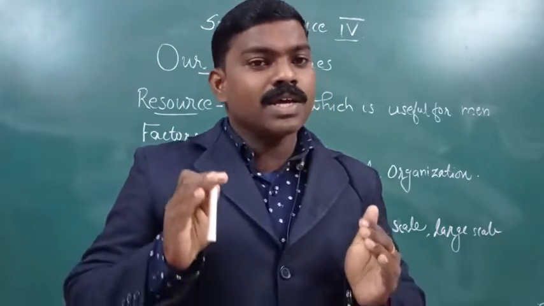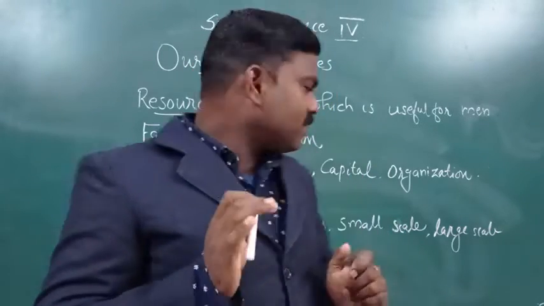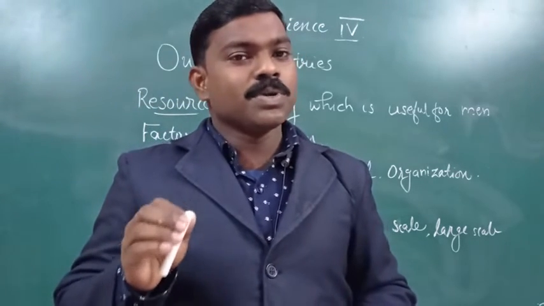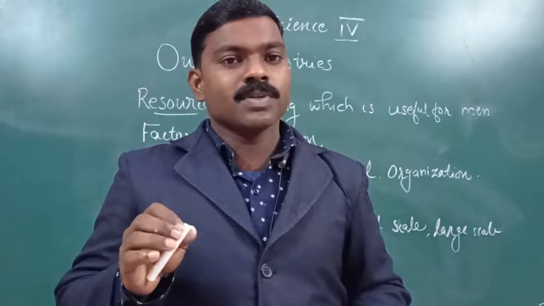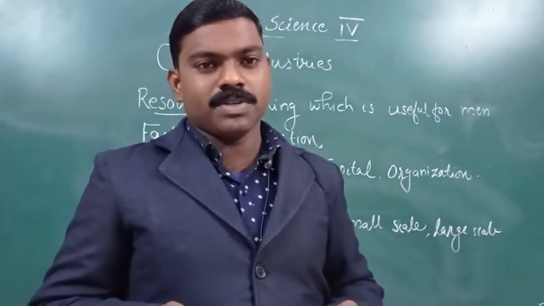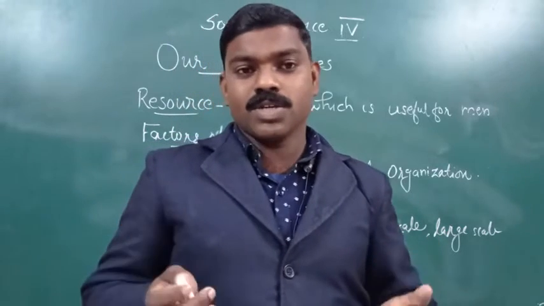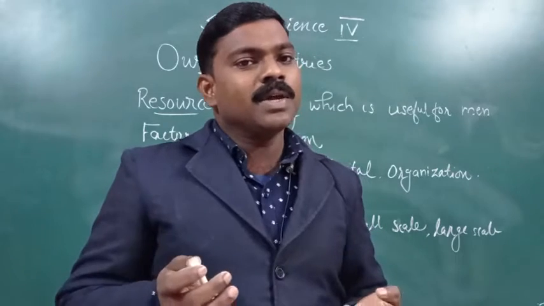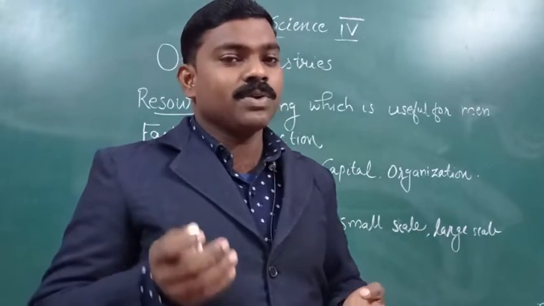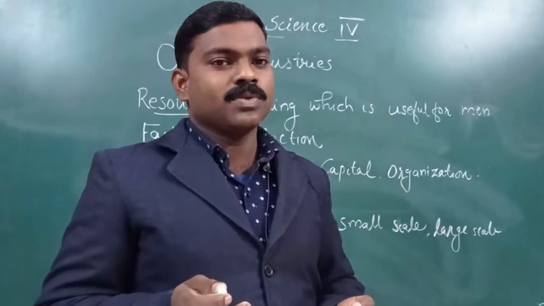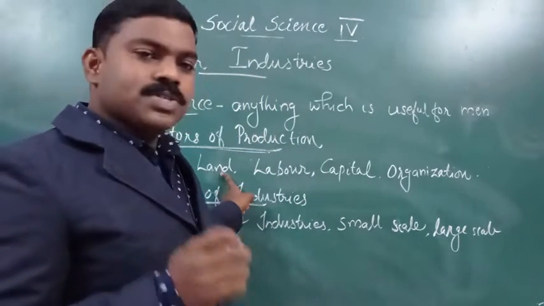What are the things required for production? First one, land. Land means jameen. We construct our buildings and factories on land. So land is required.